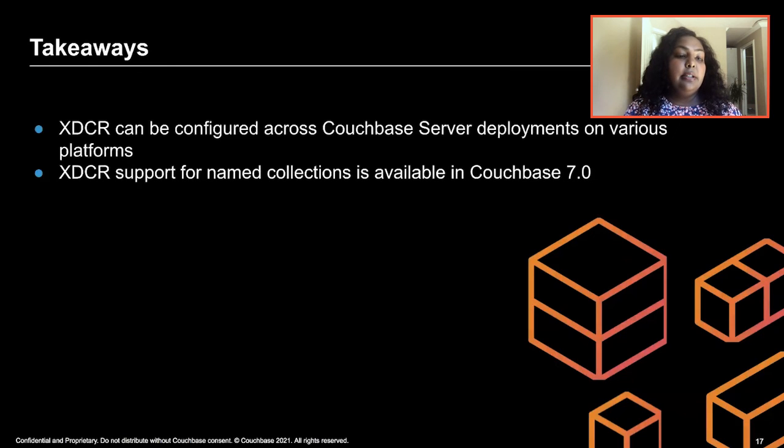And XDCR now supports named collections. Previously, in 6.5 and up, we had default scopes and collections, but now we have named scopes and collections, and you can set up XDCR with implicit, explicit, or migration mode enabled with Couchbase 7.0.